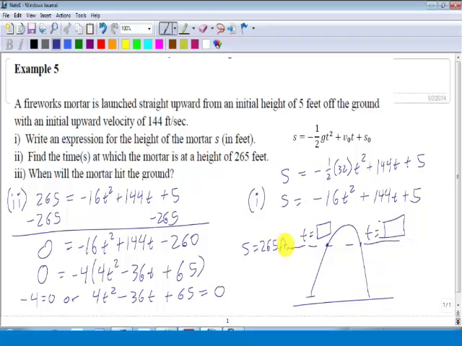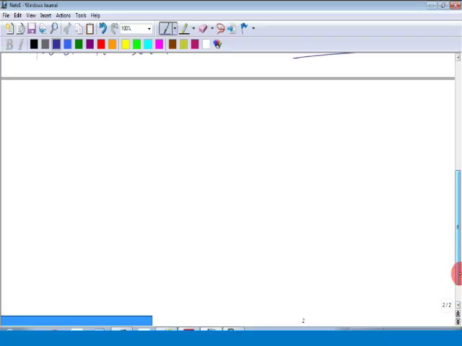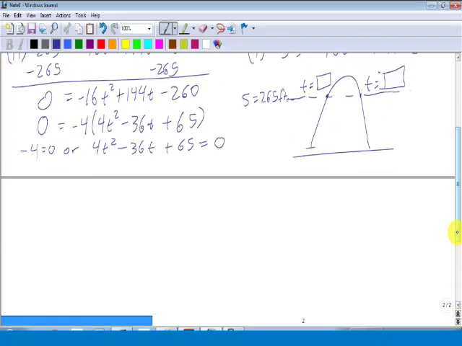And so we're looking maybe for two solutions to this. Hopefully there's at least one, but maybe two solutions. Real values of t that make this happen. So need more space. Using the quadratic formula with a equals 4, b equals negative 36, and c equals 65.